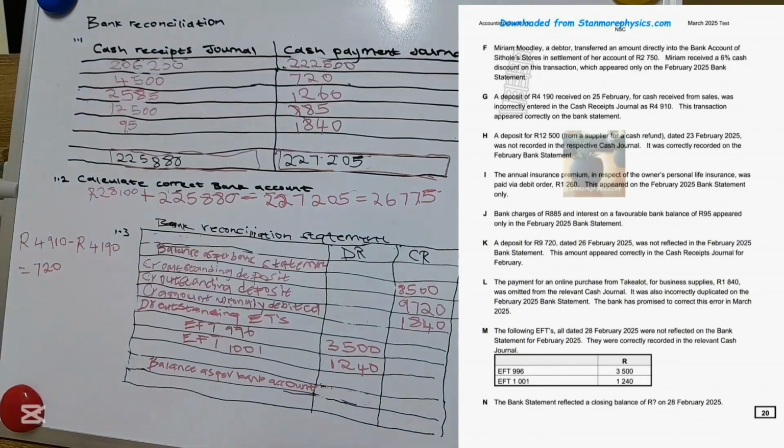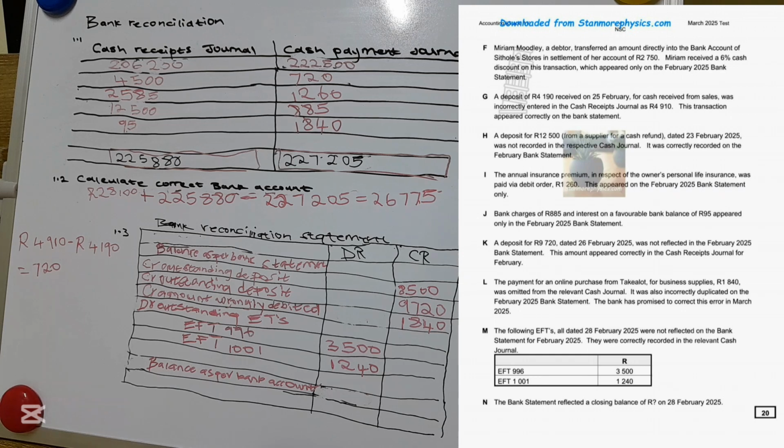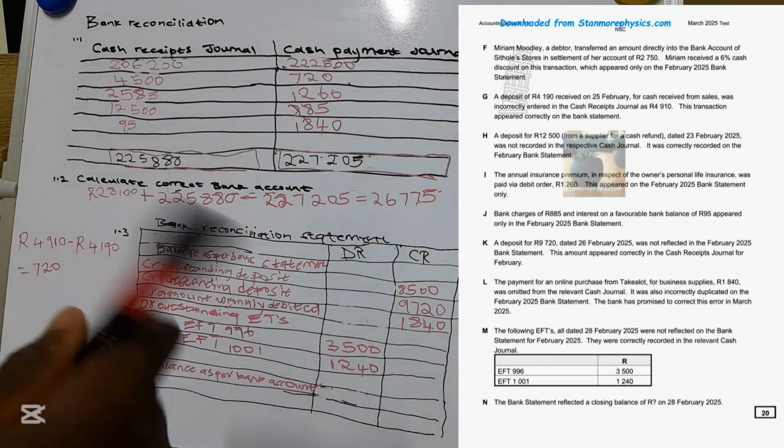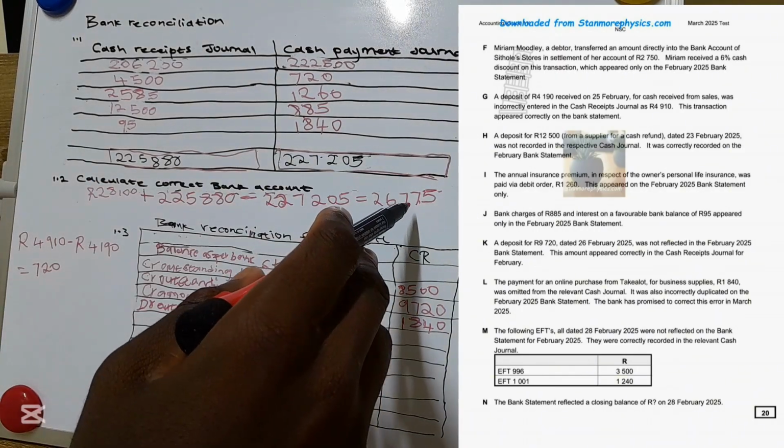So sometimes, guys, make sure that you confirm with your calculators, because here we can make a mistake sometimes. So just make sure that you verify with your calculators. Now we have to take this amount.